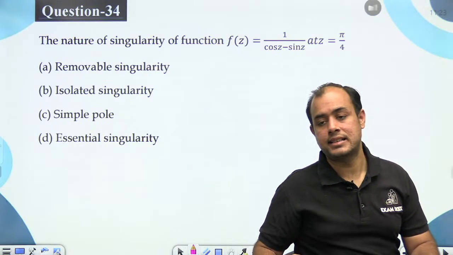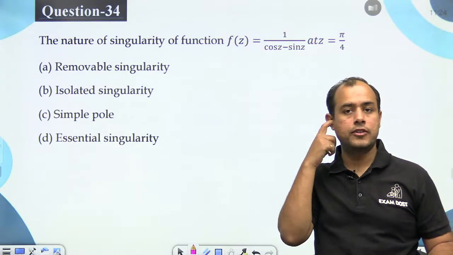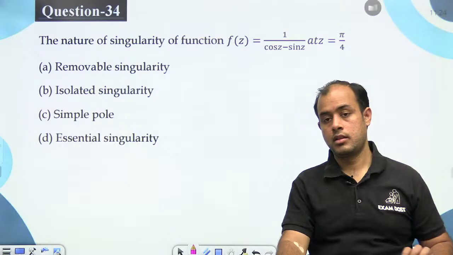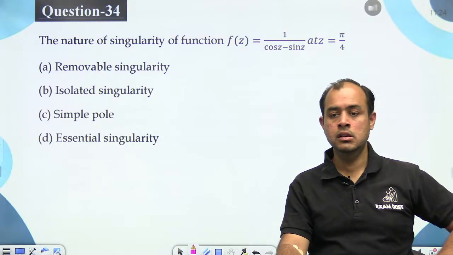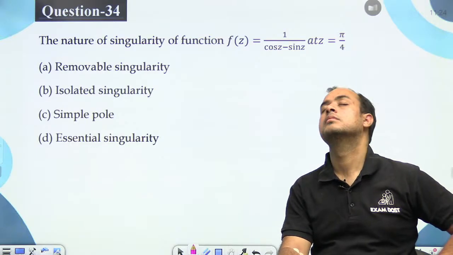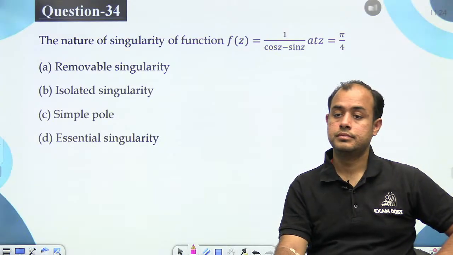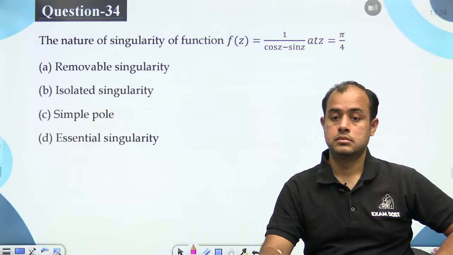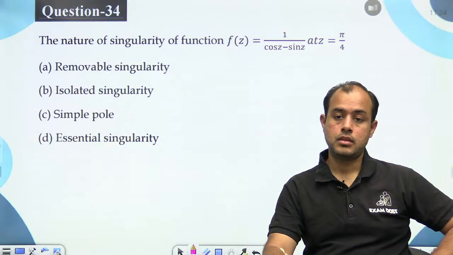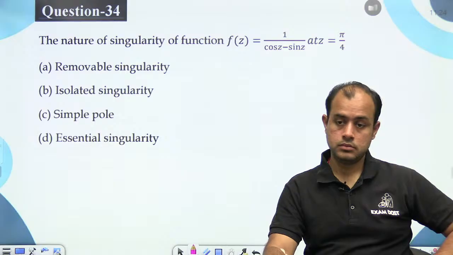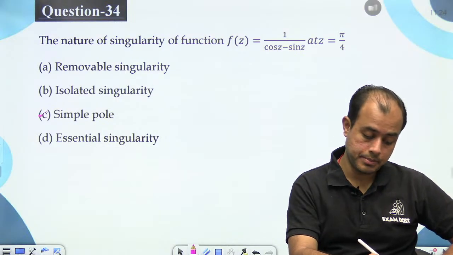Nature of singularity at z equal to pi by 4. The answer is simple 4.